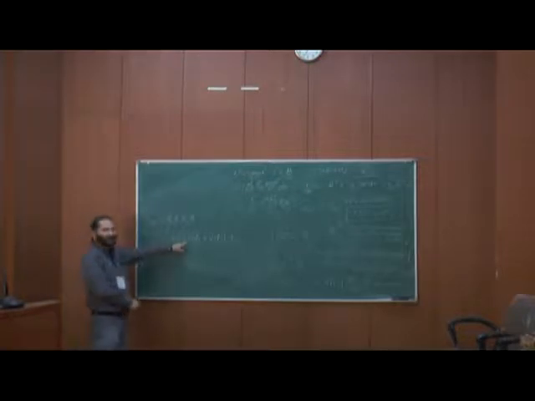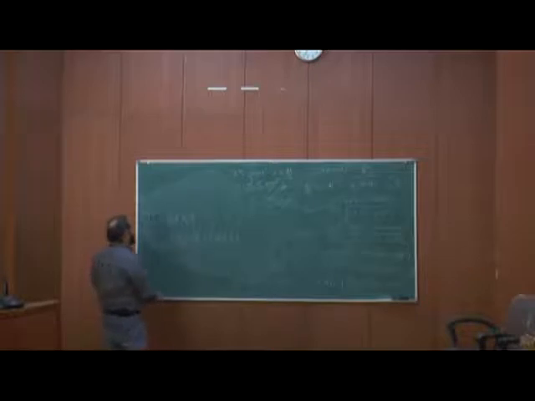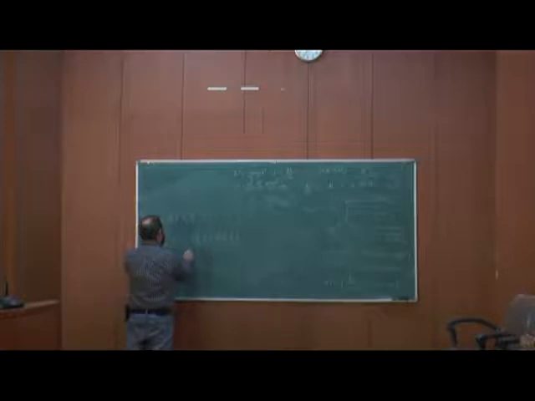This is the D'Alembertian operator. Now, for Friedman-Robertson-Walker, this will turn out to be a fluid where the density will have this form, and the pressure will have this form.